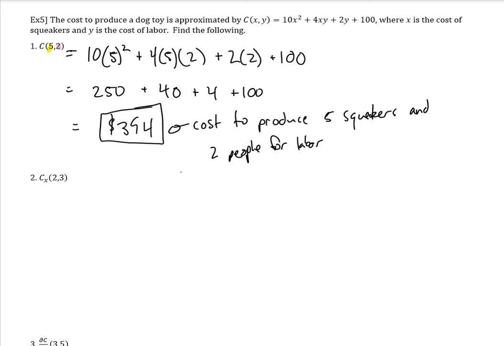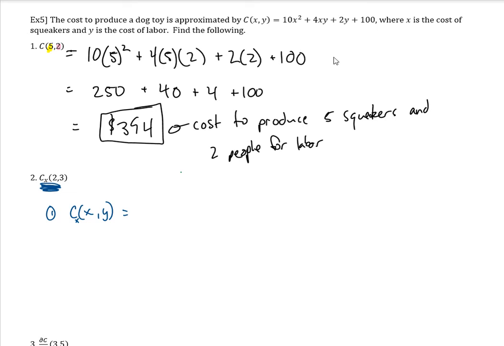Now in number 2 here, let's use blue. This is the partial derivative with respect to x. So first we want to find our partial derivative with respect to x, and then afterwards we'll plug the 2 and 3 in. Looking at our function, remember we're treating everything with an x in it as a variable, and y is just a constant.